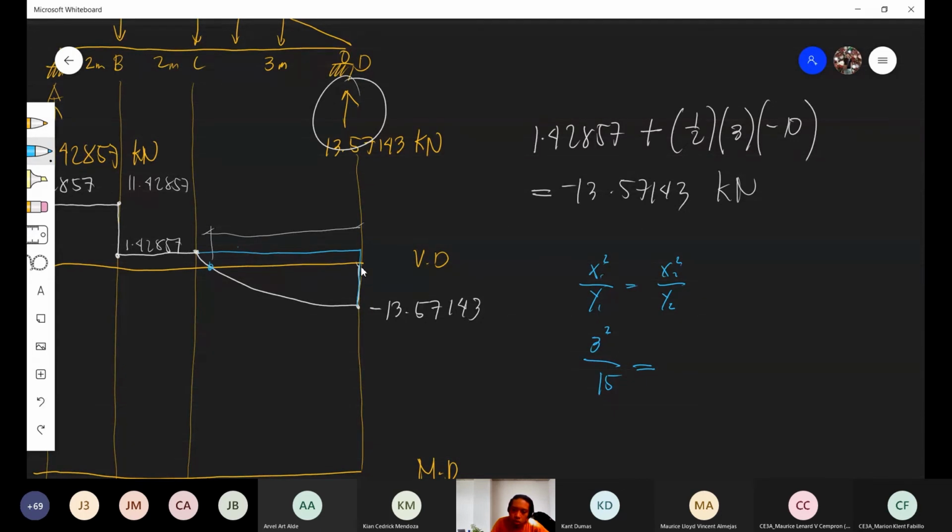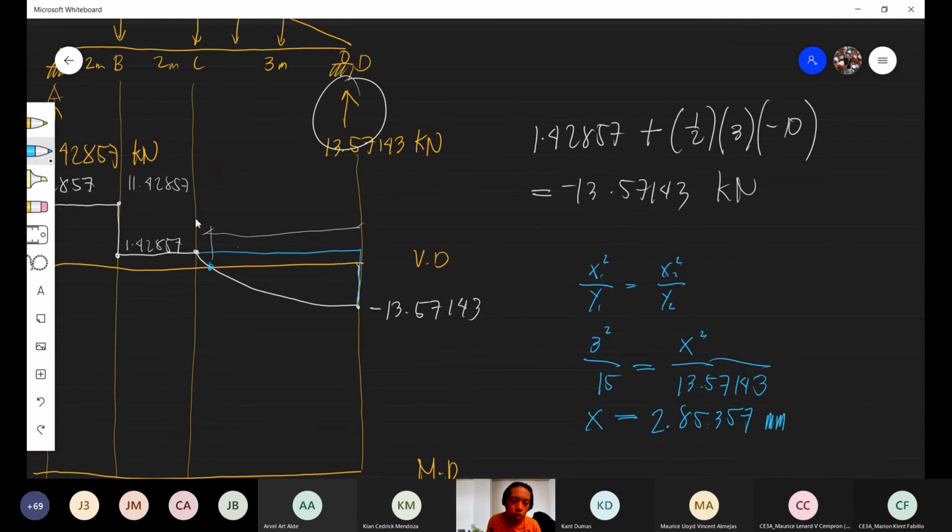So let's put x here. Over x squared, over y sub 2, which is 13.57143. The value of x is 2.85357. Oh, 357 pala.